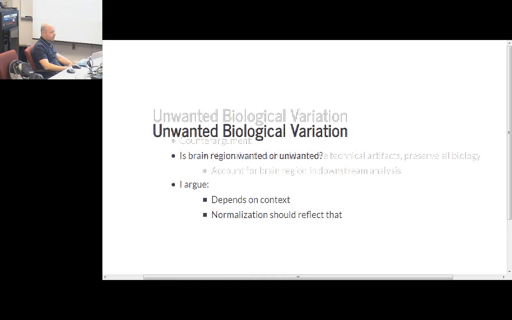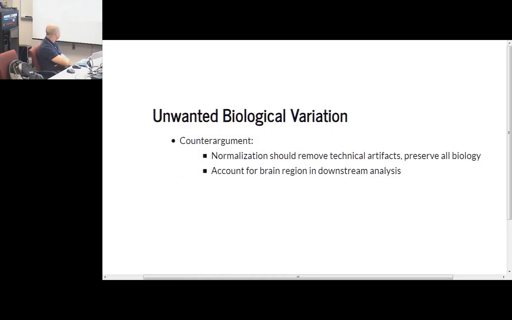I should point out that this is not an entirely trivial thing that I'm saying, because you could imagine a counter argument, someone saying that when we normalize, what we really want to do is remove anything that is a technical artifact, and preserve all biology. So brain region would be biology, and we'd want to keep it. And if I'm not interested in brain region, well, okay, I'll adjust for that in the downstream analysis.